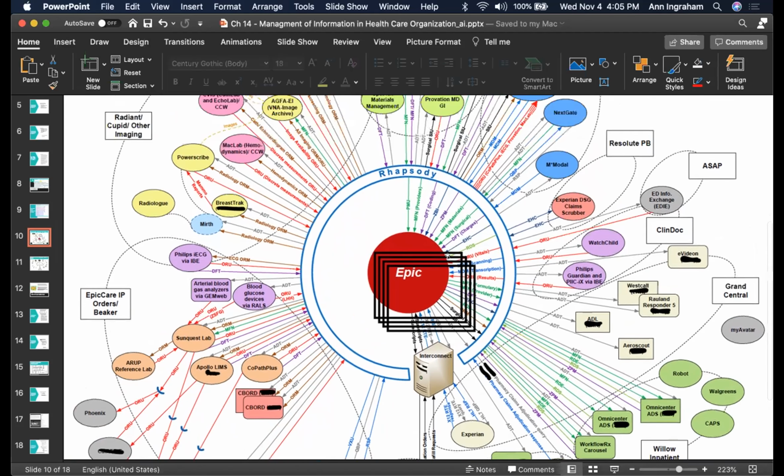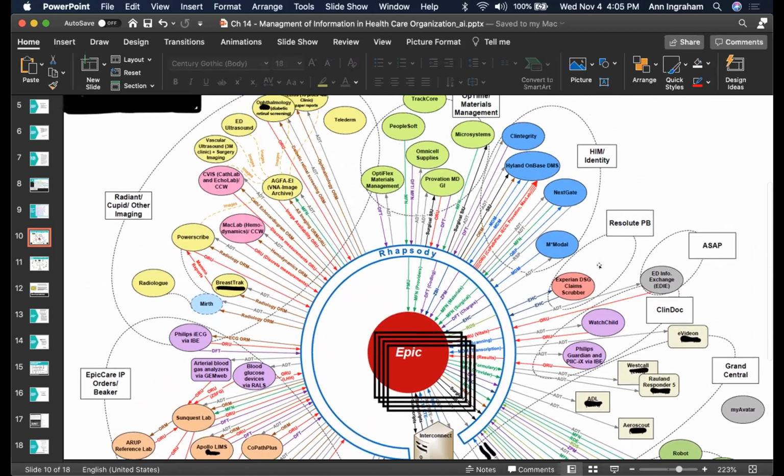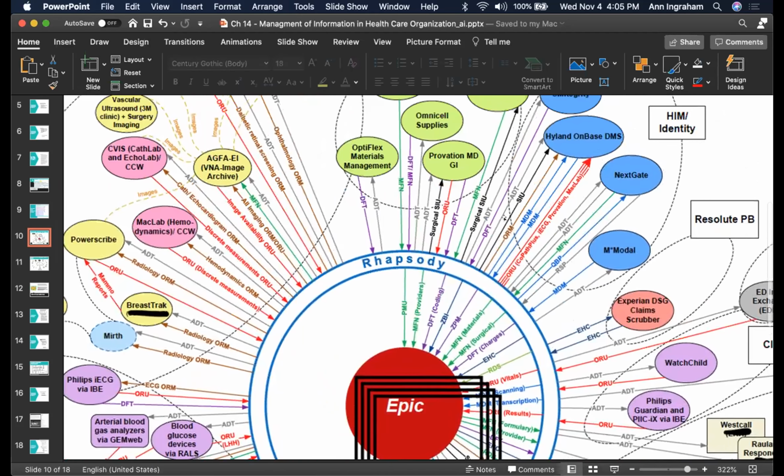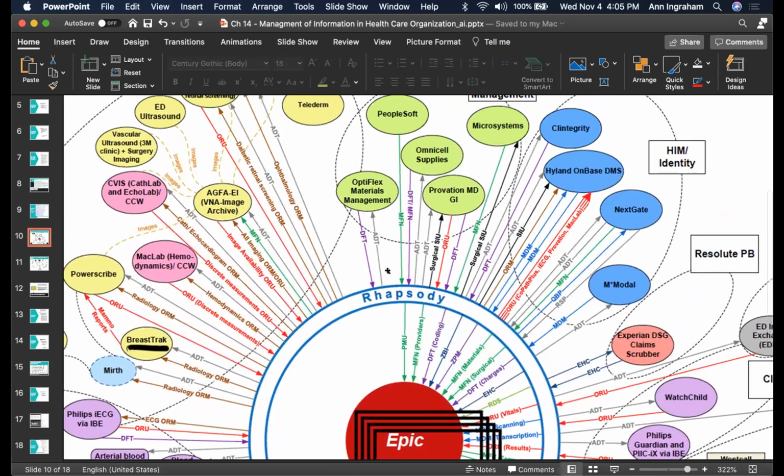My whole point is that all these different departments in this hospital system have their own record manager of some sort or electronic system, and they're all tied in, right, to the EPIC EHR. Each of these, let me make this larger. Okay. So each of these, you see the DFT, you see the ADT, you see the SIU, you see the ORU, you see all of those arrows?